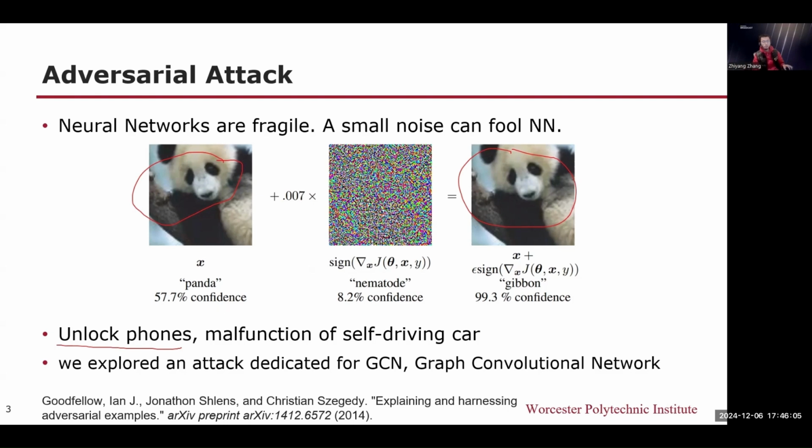So finding efficient attack methods is crucial for us to understand how neural networks work and avoid the dangers in reality. In this final project, we explored an attack dedicated to GCN.